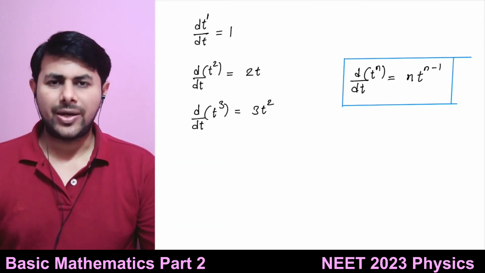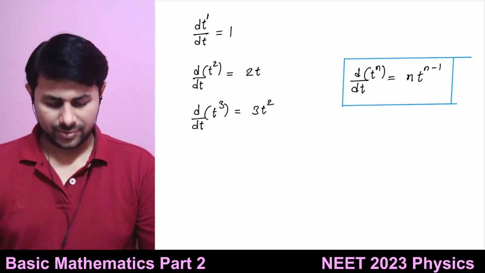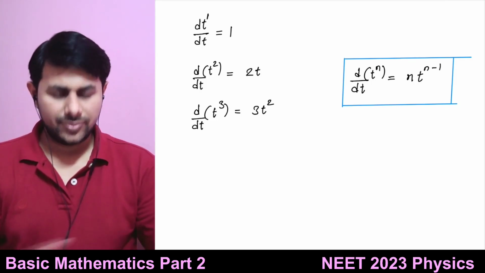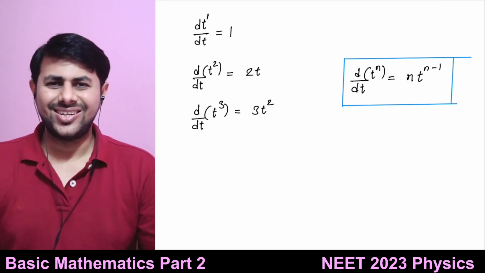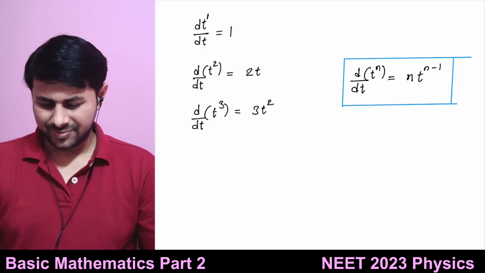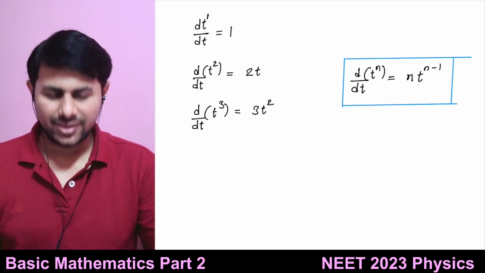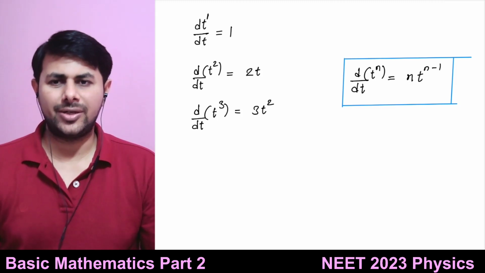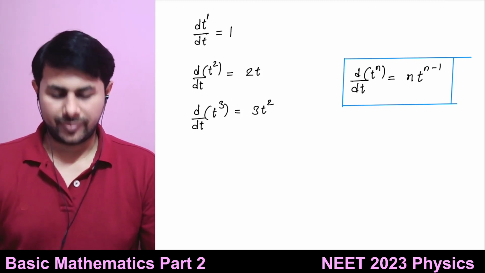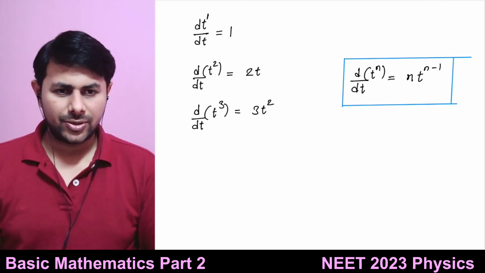So this is how we find out derivative. Now this was simple stuff, but still understanding this in terms of physics gets difficult for a few students. But have you understood everything?